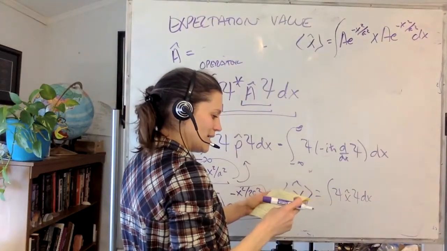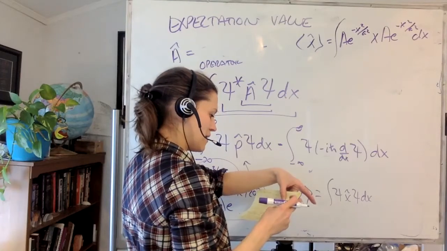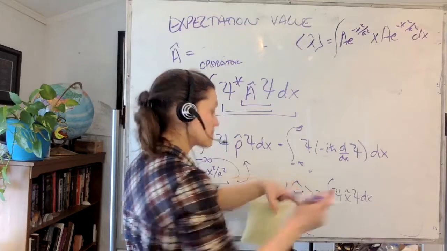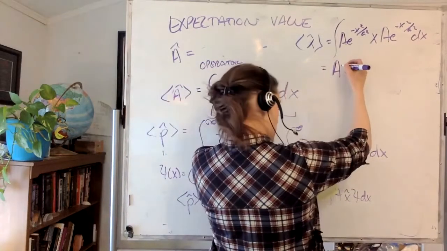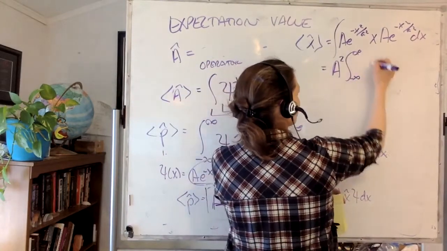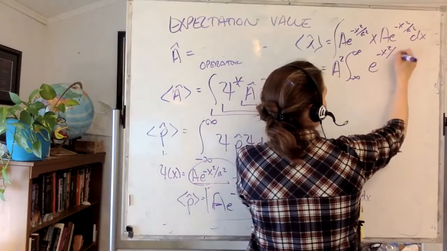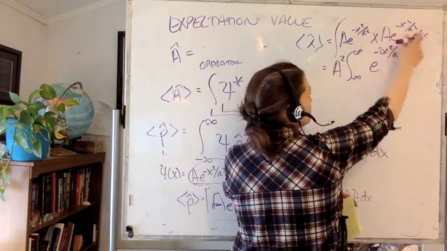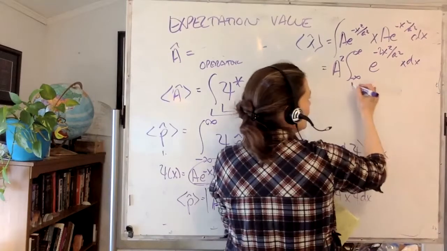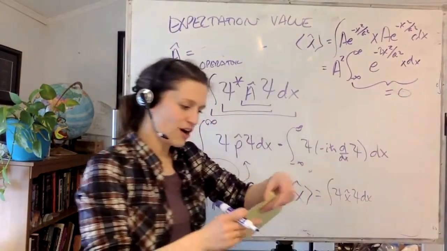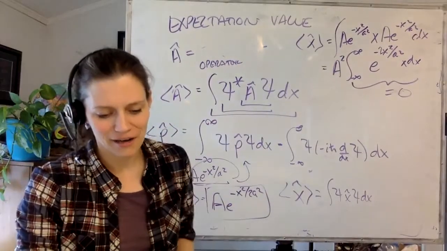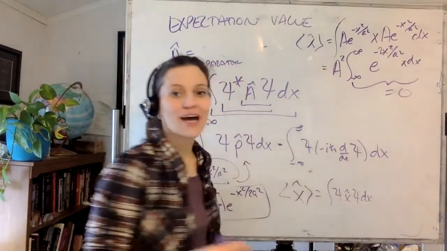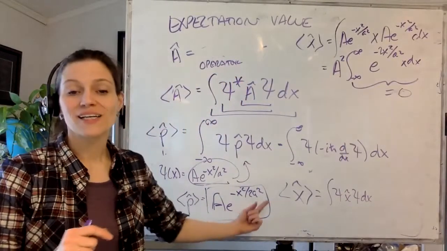What's cool about that is I get a squared times the integral from minus infinity to infinity of e to the minus x squared over a squared, and I believe there's a 2 in front because I've got 2 of them, x dx. This equals 0 for an odd function integrated over the limits. And so that means that I have my expectation value equals 0 for the harmonic oscillator, but non-zero for the momentum.